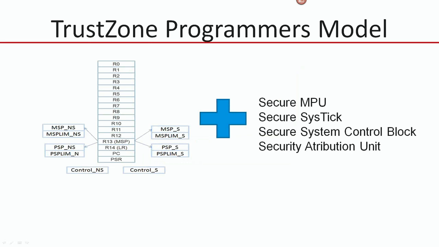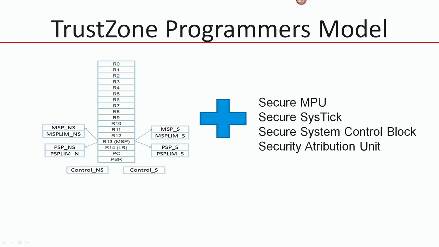So we have the same register file, but now we have two different sets of stacks, one for the non-secure mode and one for the secure mode. So we have a main stack pointer and a process stack pointer for secure and non-secure. And also interestingly, there are stack limit registers as well, so we can police the size of the stack usage.